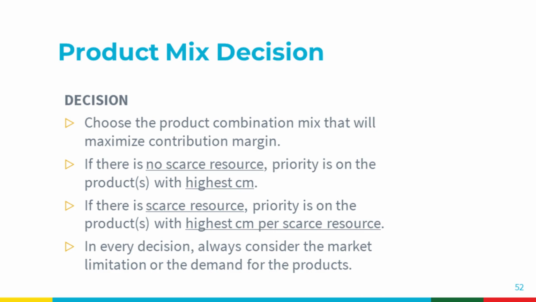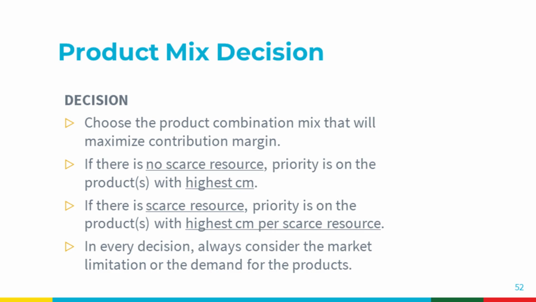Ilan nitong product A ang ipoproduce natin and ilan nitong product B ang ipoproduce natin. Dapat ba equal lang? Dapat mas marami si A? Dapat mas marami si B? O dapat ba puro B na lang lahat or puro A na lang lahat? No? Yun yung concern natin sa product mix decision.